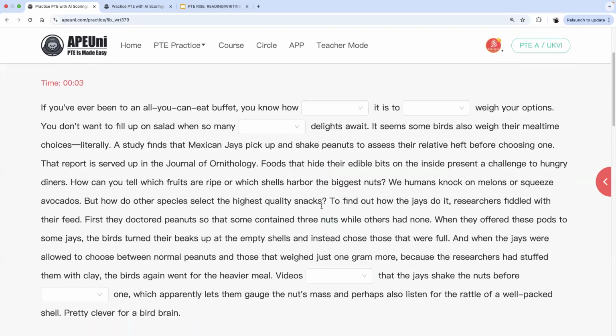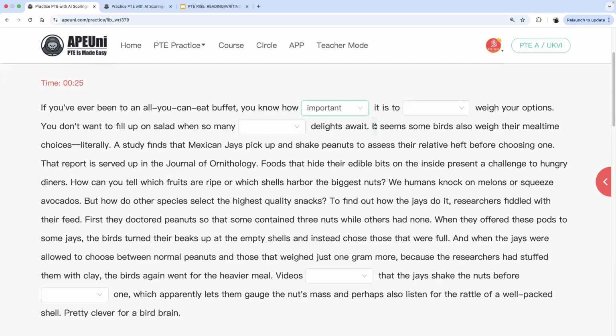If you have been to all you can eat buffet, you know how dash it is to dash weigh your options. How dash it is. I think easy. How important. Important. Oh, that's what I'm saying. Try to say what your brain feels like. Oh, this looks nice.